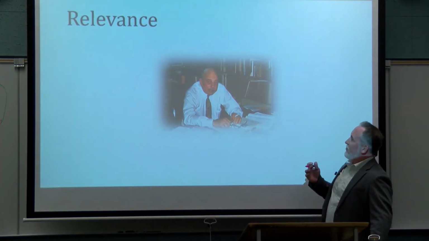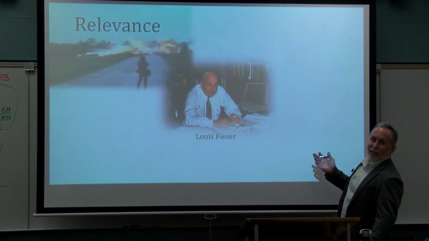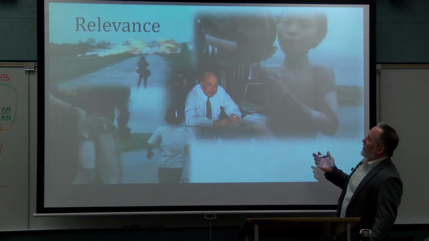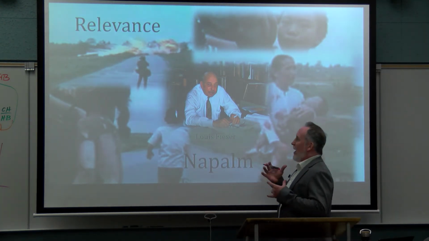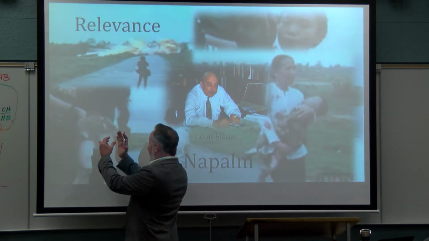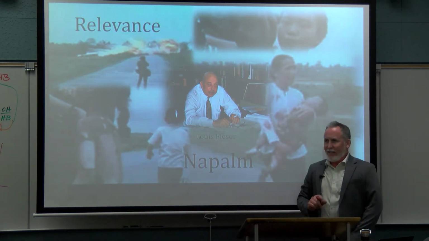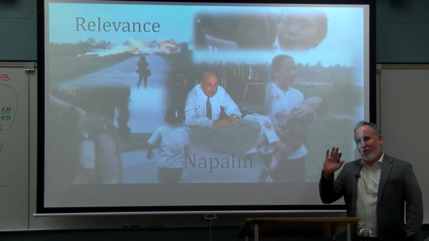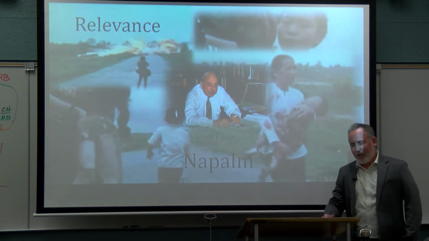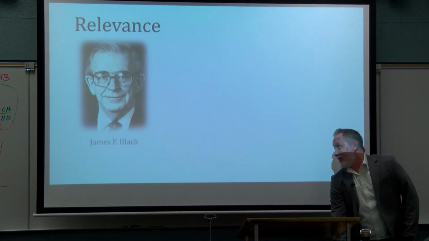And we have Louis Pfizer, who used his intellect for napalm. He figured out how to make napalm stick to the skin of children. That's how he used his intellect. He didn't question the purpose.